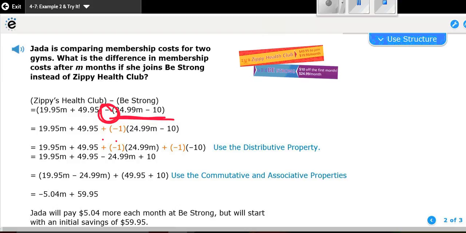So in that sense, the first thing you really need to do is take this -1 and distribute it to these two ideas, which is what you're seeing in this step here, which then -1 times 24.99m becomes -24.99m, and then our -1 times -10 is going to become +10, just like here.